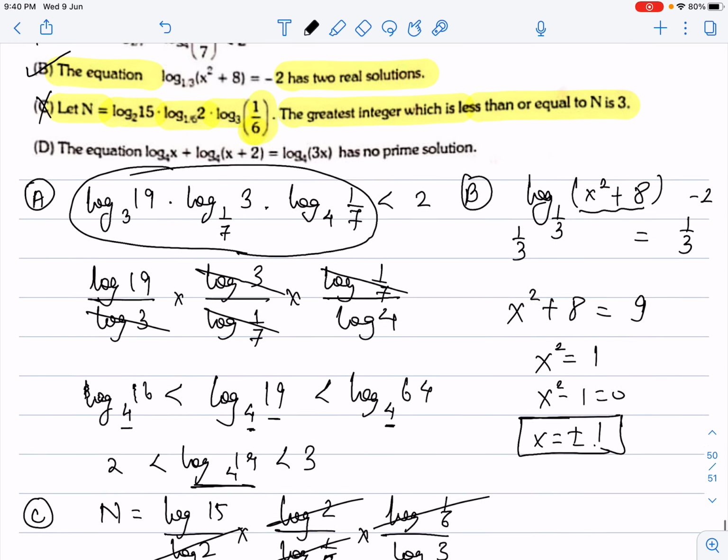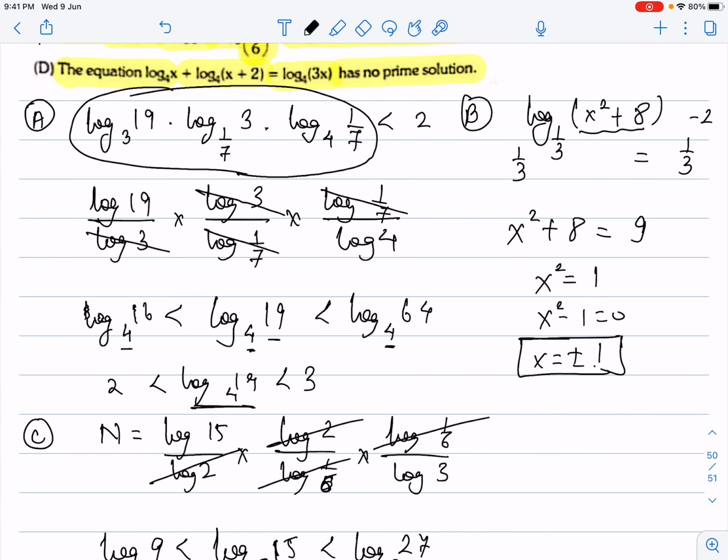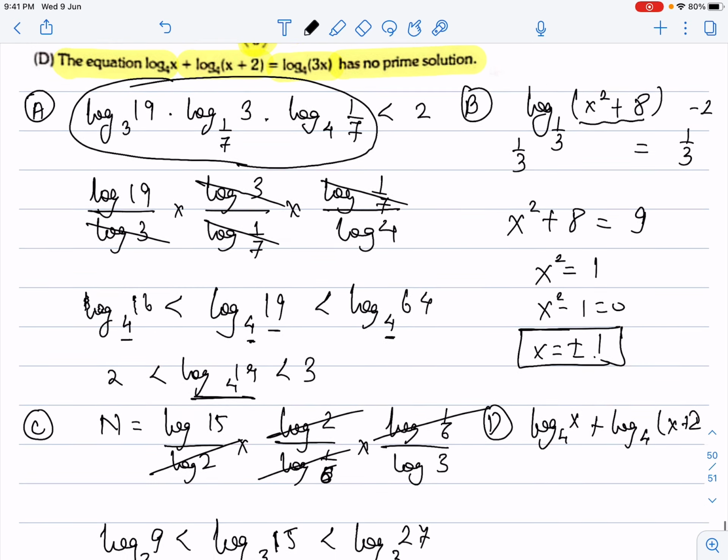So the fourth option, what is given to you? The equation log x base 4 plus log x plus 2 base 4 is equal to log of 3x base 4 has no prime solution. So let's see whether it is right or not. So guys, we already know log a plus log b is equal to log ab. So log x base 4 plus log x plus 2 base 4 will be becoming what?